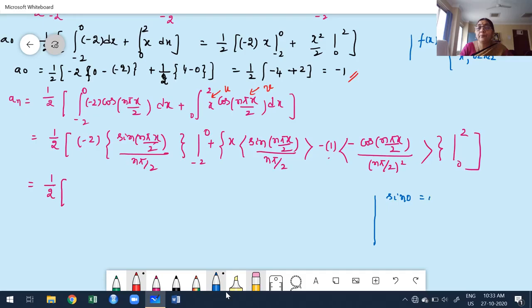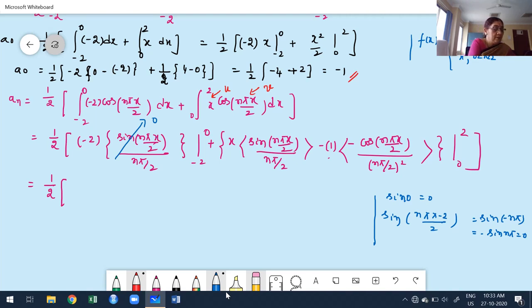Put x equal to minus 2: sine of n pi into minus 2 divided by 2, cancel, sine of minus n pi. What is sine of minus theta? Minus sin theta, so minus sin n pi. Sin n pi value is 0. Therefore, for the upper and lower limit, this value must be 0. We neglect this, this is 0.